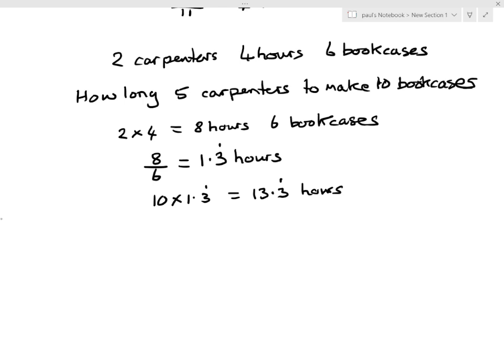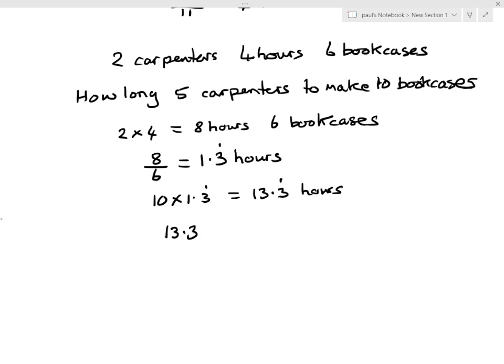Be careful on the calculator so that you keep all the recurring bits still in there. Now we've got 13.3 recurring hours for one person to make 10 bookcases, but we've got 5 carpenters on the job.